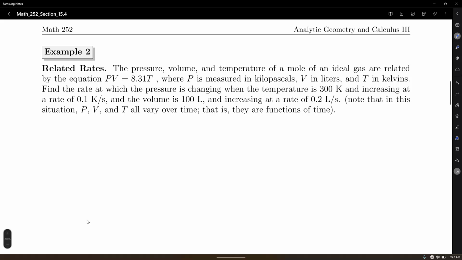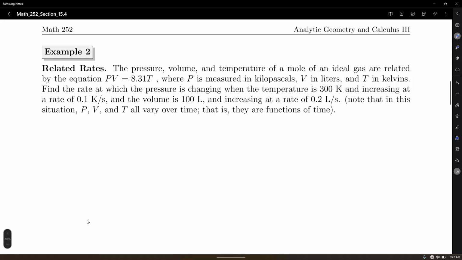That is, the temperature is increasing at a rate of 1 Kelvin per second. Notice we have units of time, because we're introducing this new variable t for the functions. And what else? The volume is 100 liters, and it's also increasing at a rate of 0.2 liters per second.